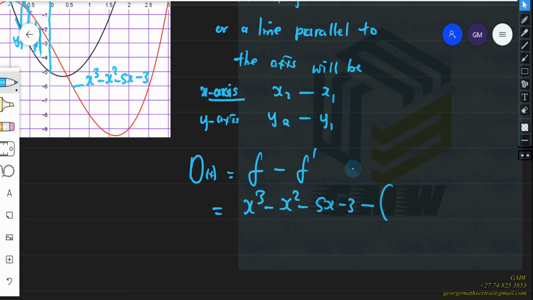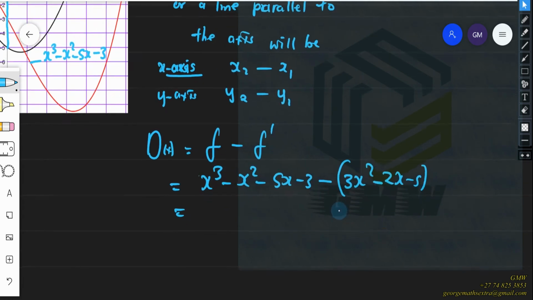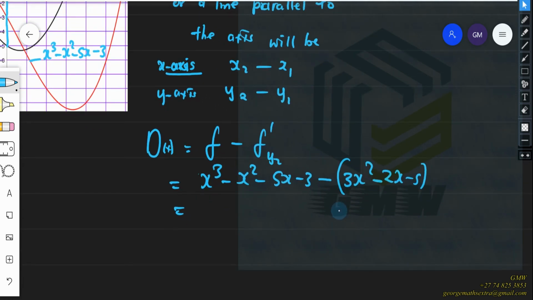If we differentiate it, we have been working with this, it's 3x squared minus 2x minus 5. So I need to simplify this distance because this is my y2 minus y1. The vertical distance is parallel to the y-axis, so it is y2 minus y1.